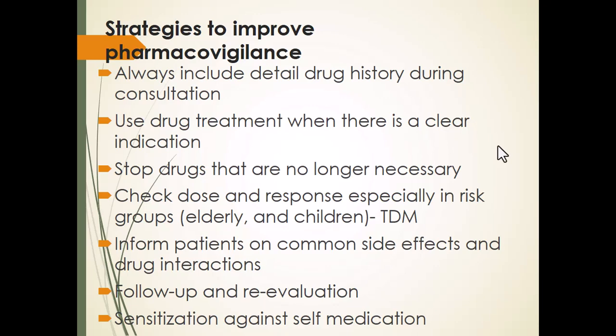Check the dose and the response, especially in risk groups, for example, elderly and children. Inform patients on common side effects and drug interactions that may arise so that in case they are already experiencing it, they are able to come and inform you about it. Do follow-up and re-evaluation of whatever you are doing, okay?